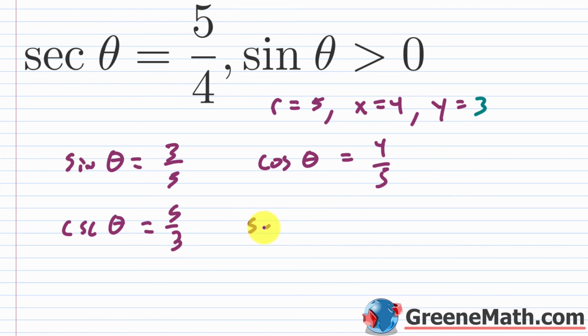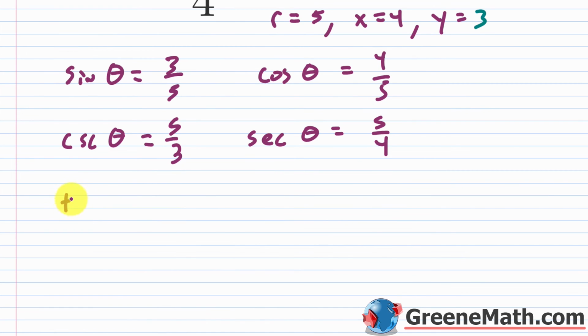We're given the secant of theta, that's just 5/4, so we'll just copy that. For the tangent of theta, this is y over x, so it's 3/4. And lastly, for the cotangent of theta, you're just going to flip the tangent of theta, so that's going to be 4/3.